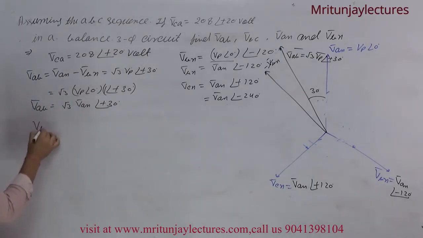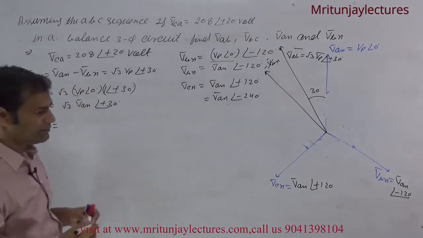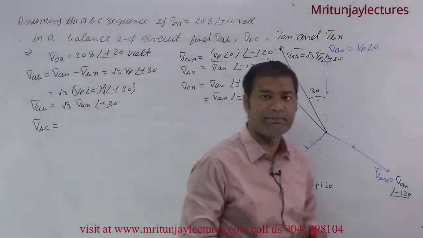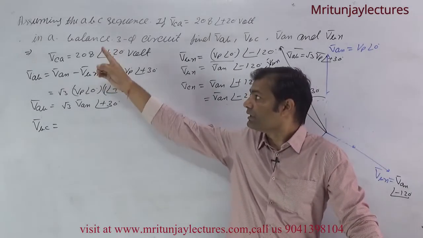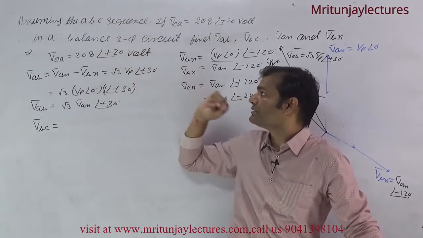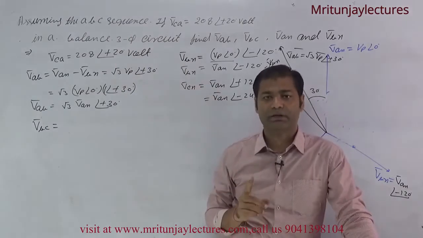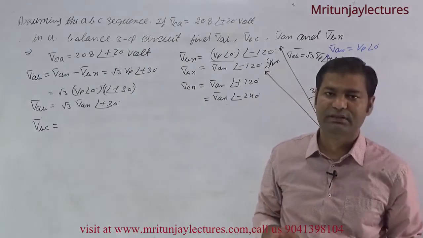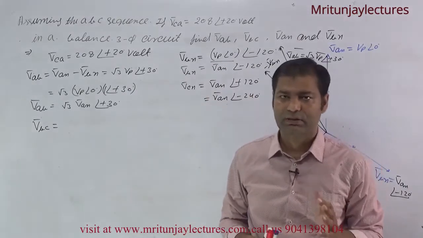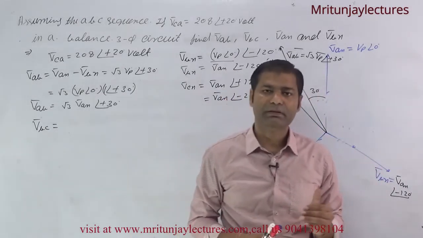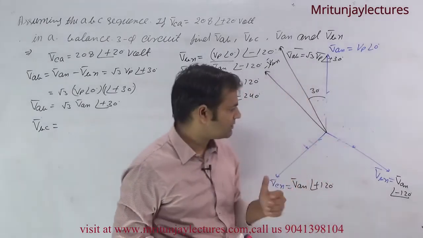Similarly, what about BC? If this is the phase sequence, according to the question, assuming the ABC sequence, the angle between AN, BN is 120, and BN, CN is 120, and CN, AN is 120.